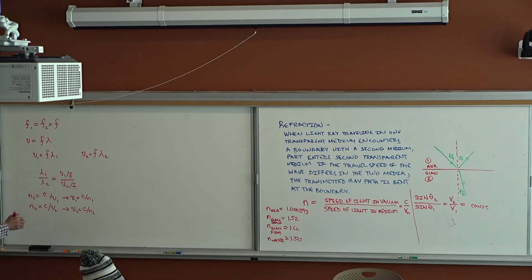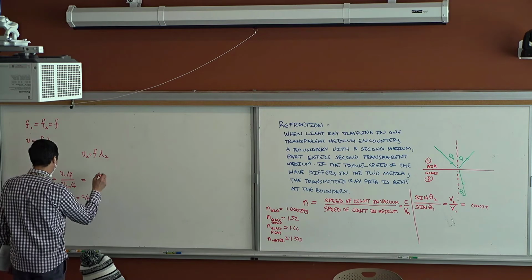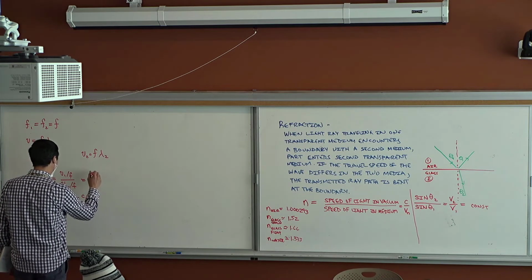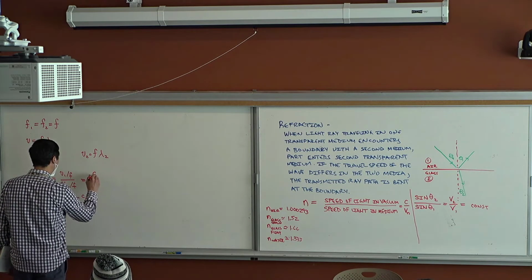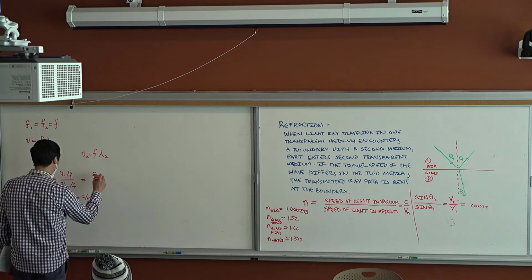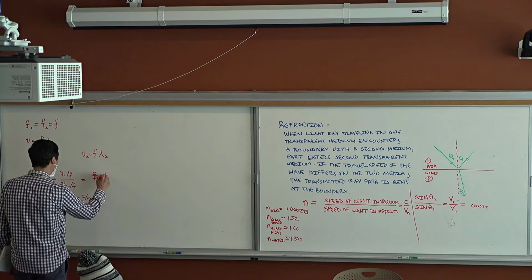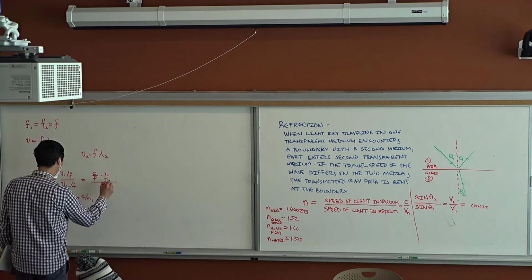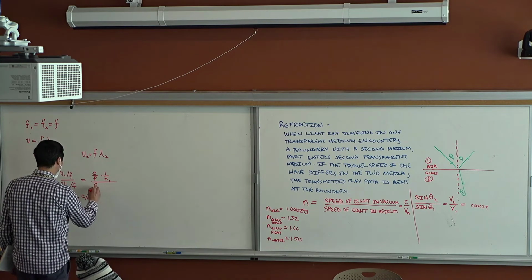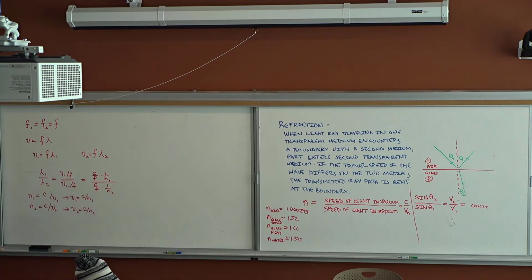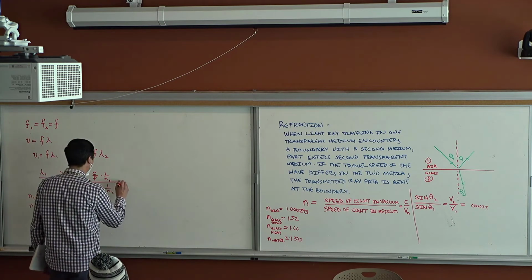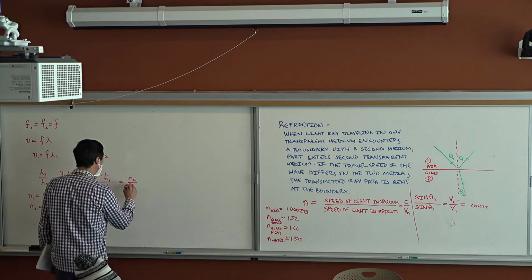And so if we plug in, we get c over f times 1 over n1 divided by c over f times 1 over n2. Is that all right? Which is n2 over n1.